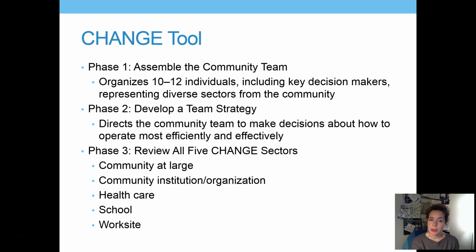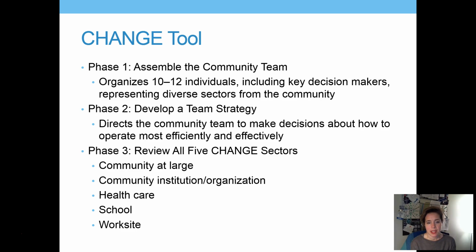So once you have a team assembled of diverse members of the community itself, and you as a facilitator will then have the team come together to make decisions about how they most efficiently and effectively want to move forward. So this is not building strategy just yet, it's strategizing about how they want to move together and make decisions as a whole.